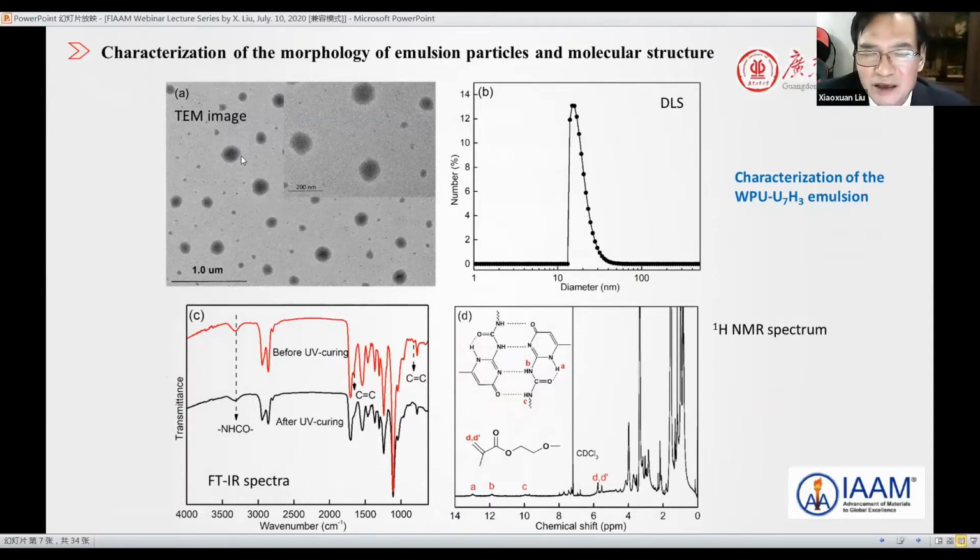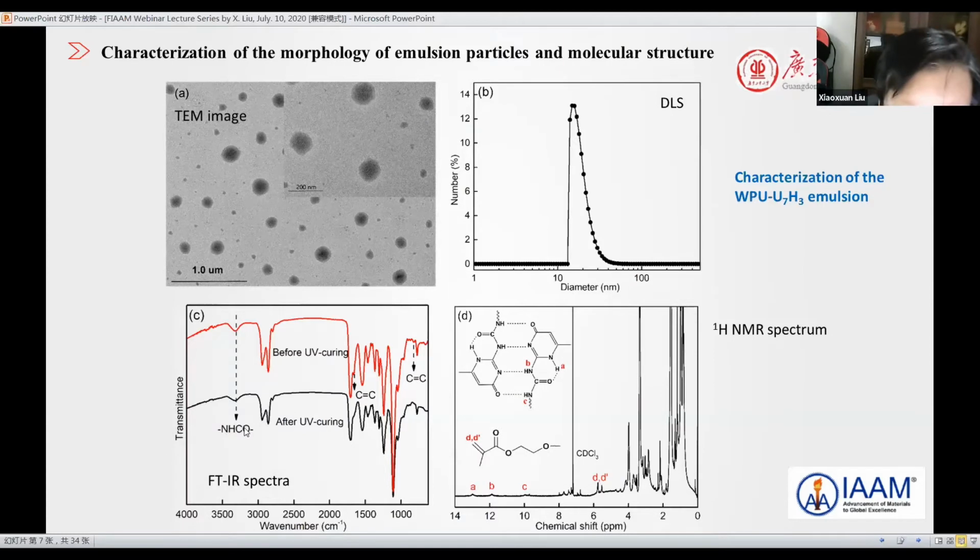This is TEM, and this is DMS. The particle size is about 20 to 50 nanometers.